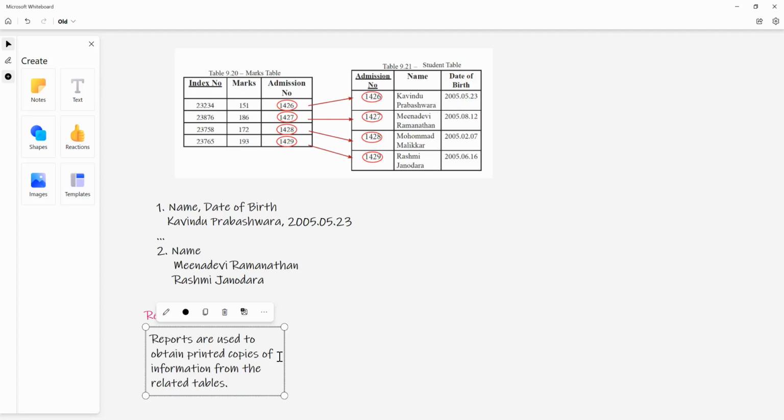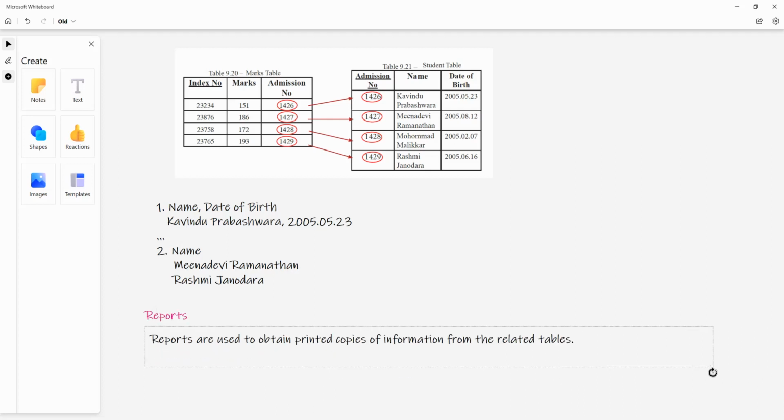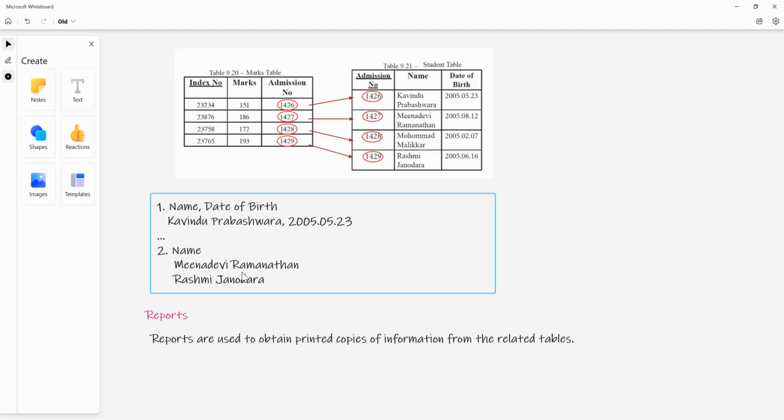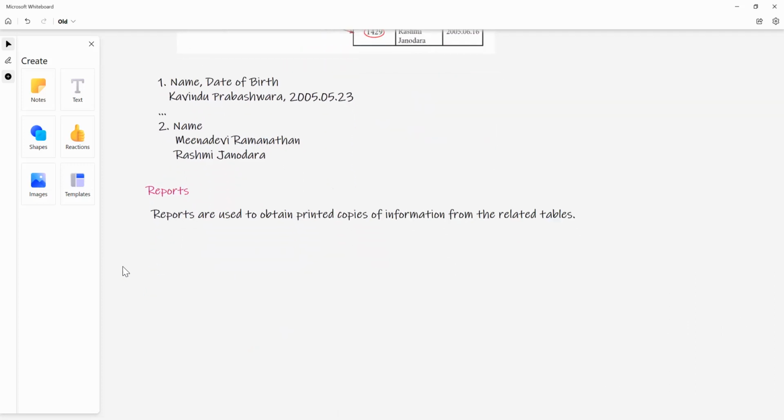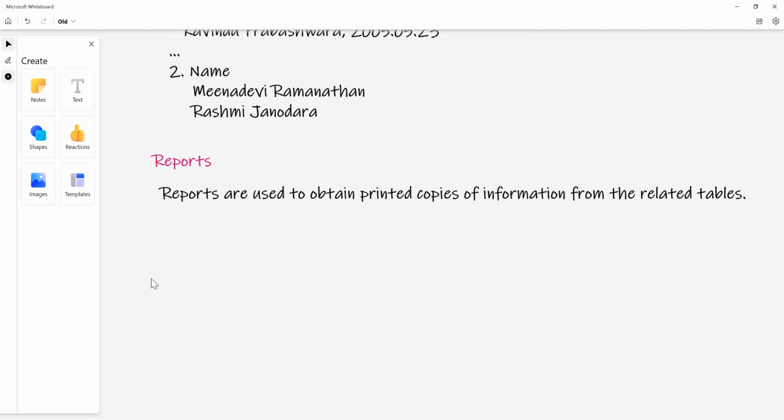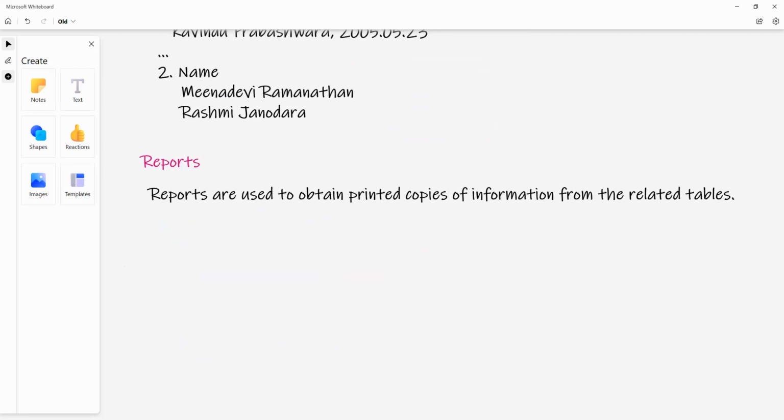Basically, you can print it out. Even for the name list, you get the list, and then you put a header, and it becomes a report.